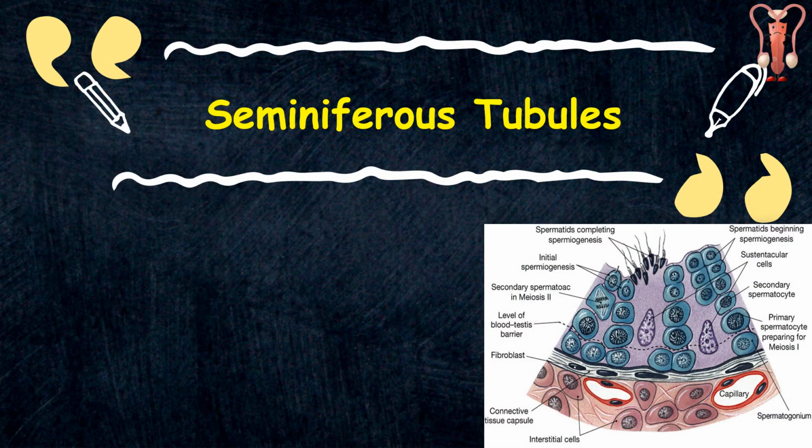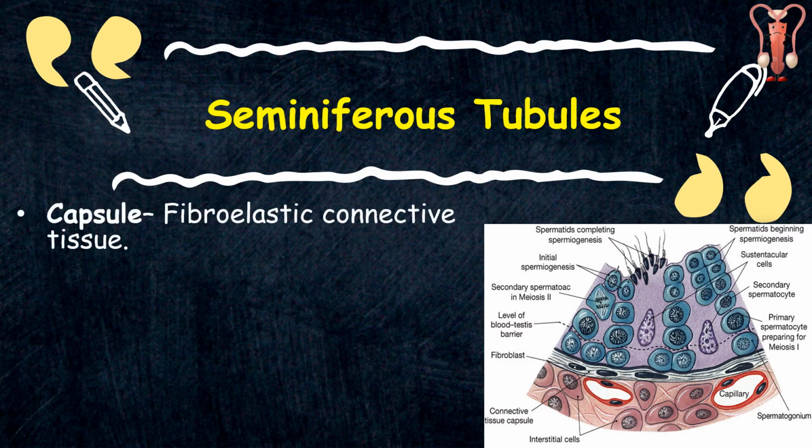Seminiferous tubules have three layers. The outer capsule or tunica propria consists of fibroelastic connective tissue containing a few muscle-like myoid cells. The contraction of these myoid cells helps in the movement of the spermatozoa along the walls of the seminiferous tubules.